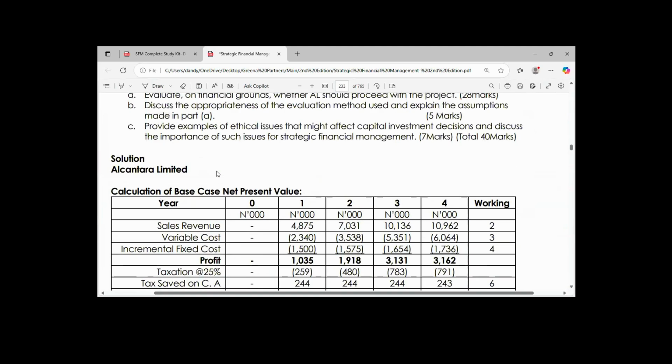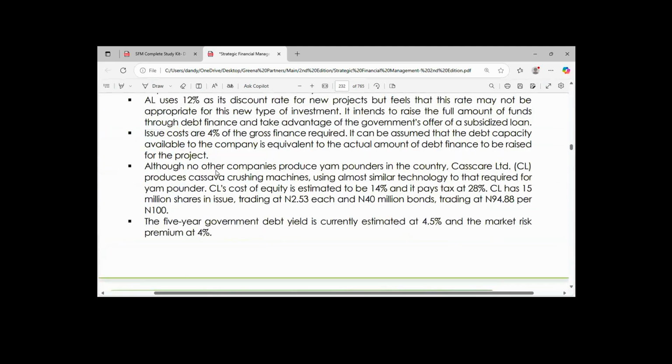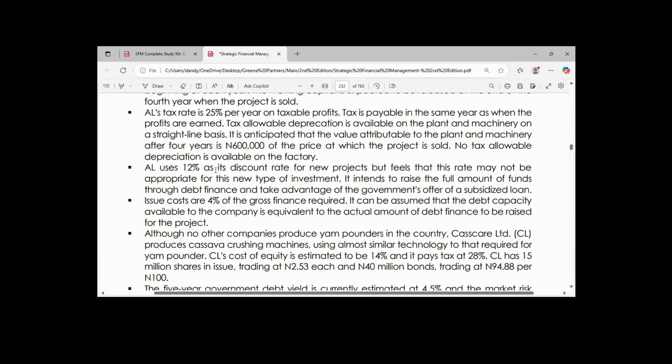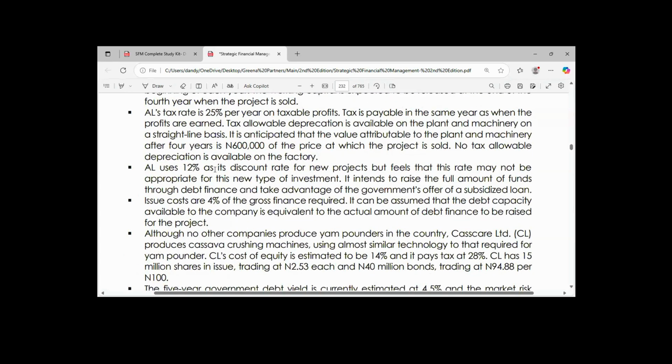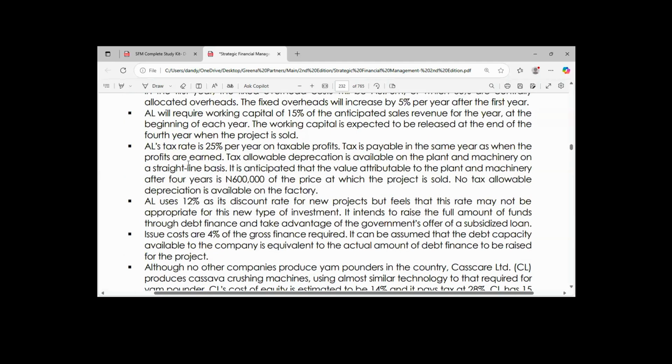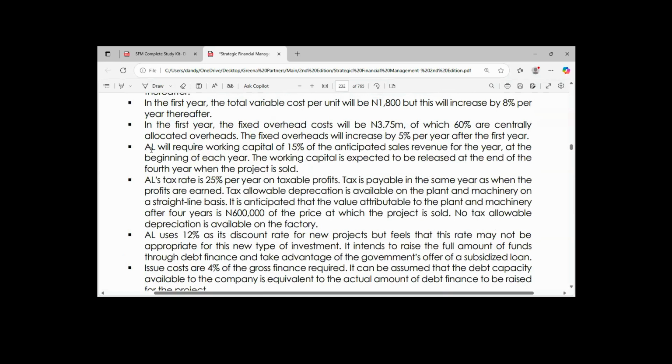Then the next thing is working capital. So let's go back to working capital. Where do you have information on working capital? Yeah, I saw it somewhere. Okay, yes, this is it.